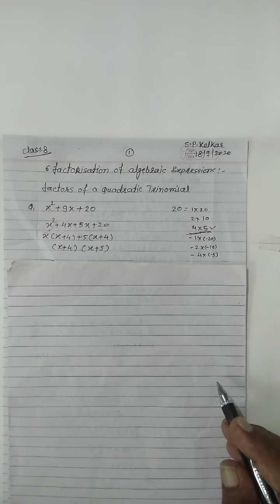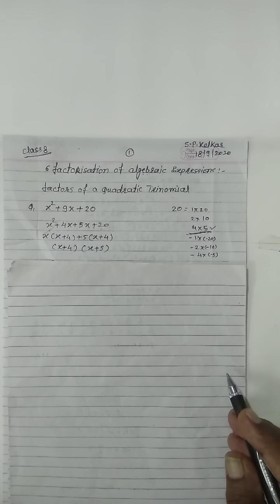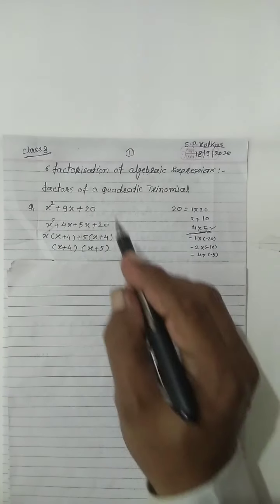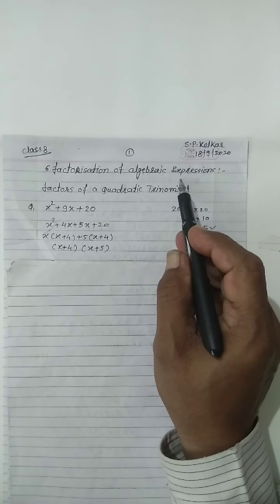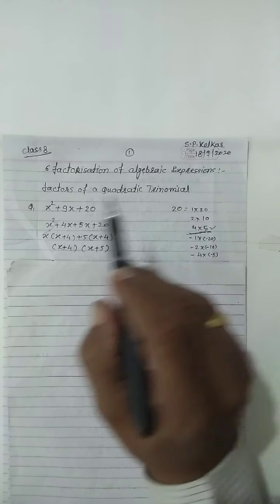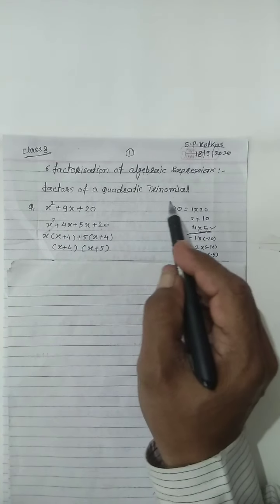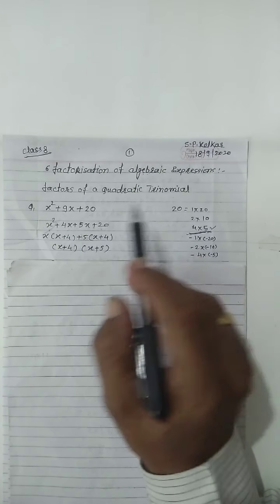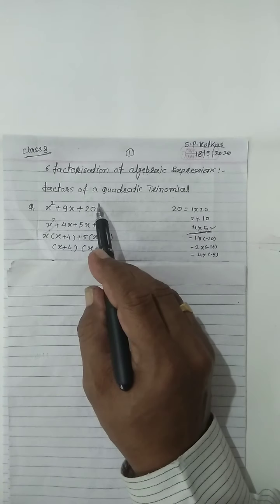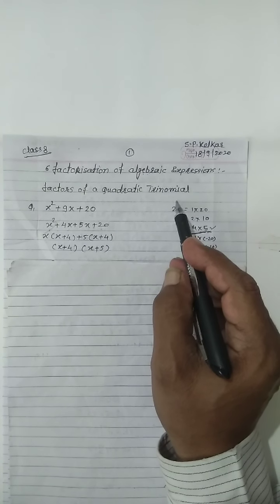Today we are going to start a new chapter, chapter number 6, factorization of algebraic expression. Now, factors of a quadratic trinomial. In this sixth chapter, we see the factors of the quadratic trinomial.